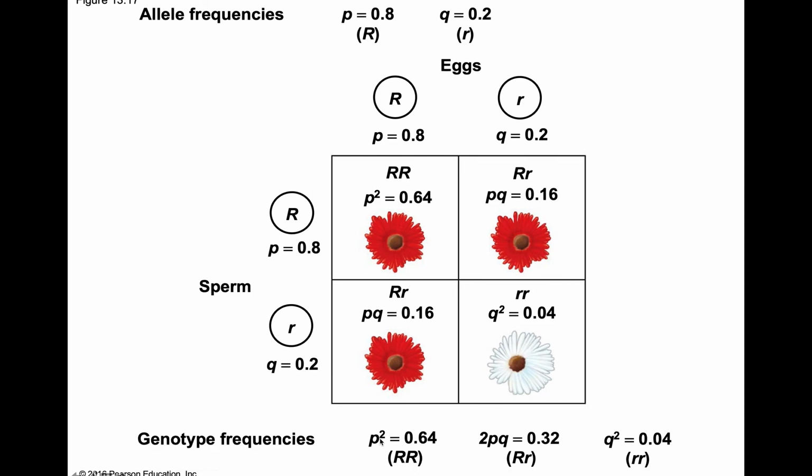In this example, P squared comes out to be 64%, 2PQ comes out to be 32%, and the Q squared turns out to be 4%. And that's how you calculate the genetic frequencies in a given gene pool. Okay? And that will be asked for on the test. Now this is called the Hardy-Weinberg principle. And that is typically what's asked for on the department exam as well.